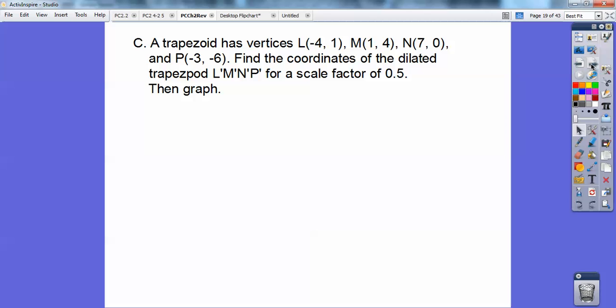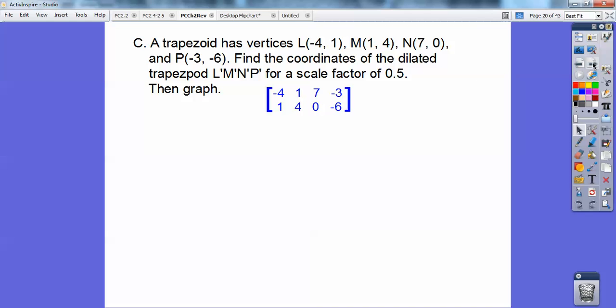Now these parts I broke down a little bit because this was the new stuff basically. A trapezoid has vertices L, M, N, and P. Find the coordinates of the dilated trapezoid with a scale factor of 0.5, and then graph. There's L, M, N, P as a matrix. Can you see this is my x, y, x, y, x, y, x, y.